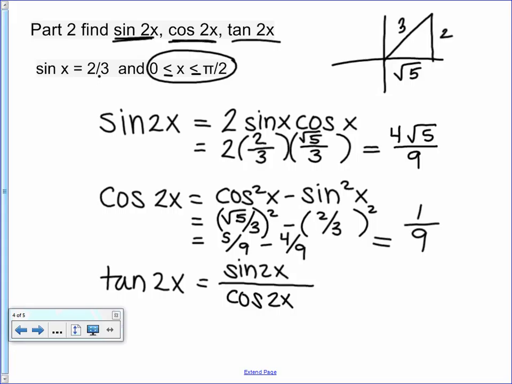Okay, this formula down here to find tangent of 2x, why I came up with this one is, don't we already have the answer to the sine of 2x? Yeah. Isn't it right there? Don't we already have the answer to the cosine of 2x? Isn't it right there? So can't you just put them right on top of each other then?